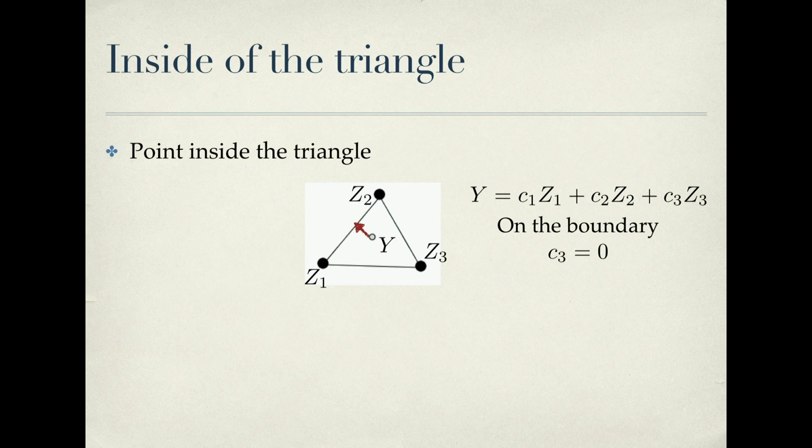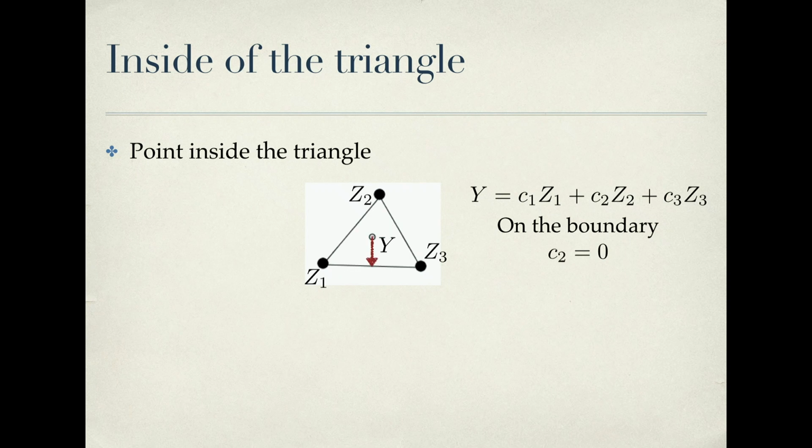OK, now suppose I want to take Y and go on a boundary. So I want to go on a boundary on this line 1, 2. That means that Y is now a linear combination of Z1 and Z2. That means that I have to set C3 to 0. So if I set C3 to 0 in this expansion, I am going with Y on that boundary. If I set C1 to 0, I'm going on that boundary.